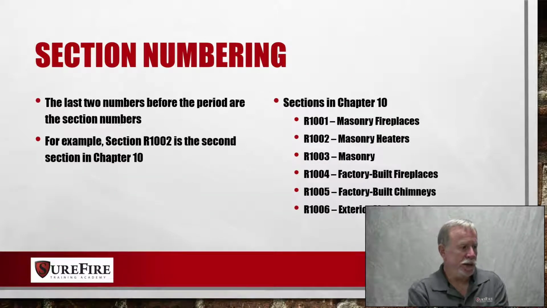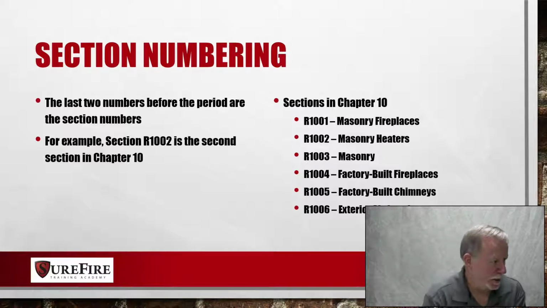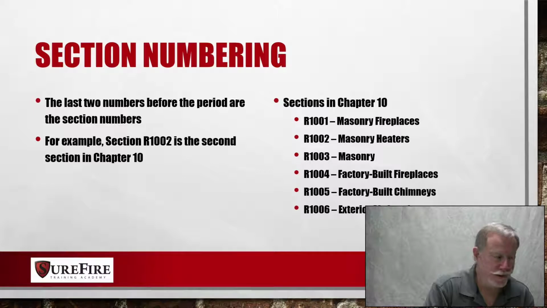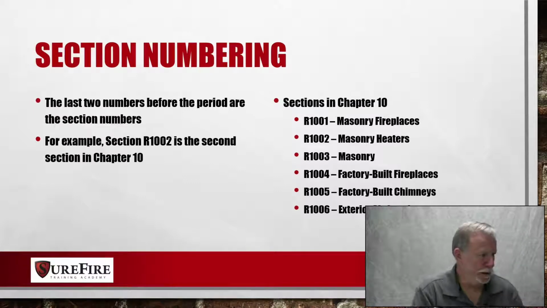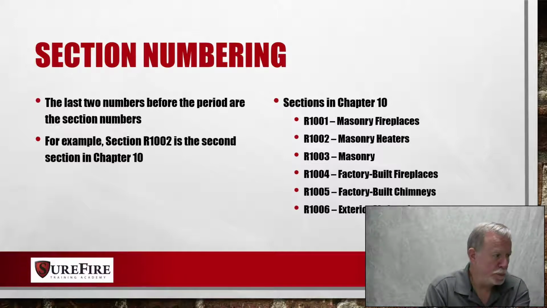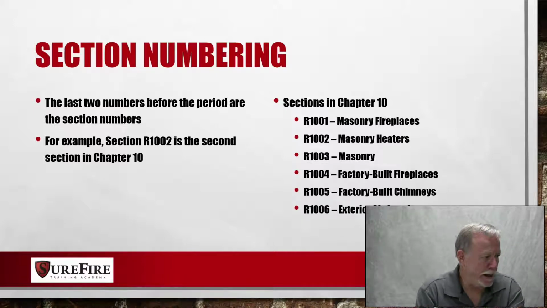And then we get into section numbering. The last two numbers before the period are the section numbers. Chapter 10 is broken into 6 sections, and for example, section R1002 is the second section in chapter 10.